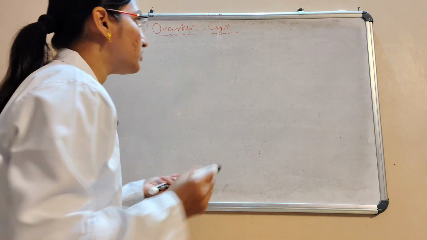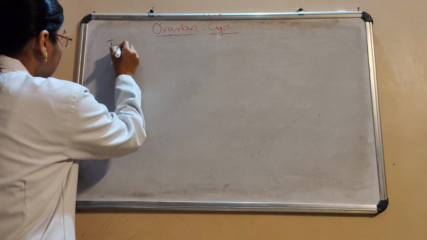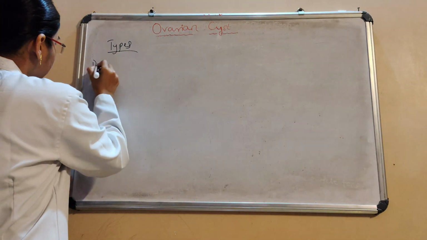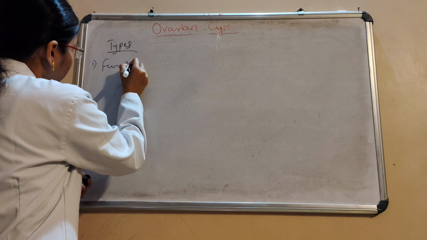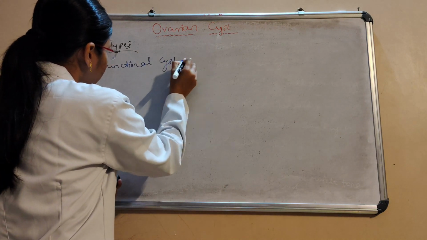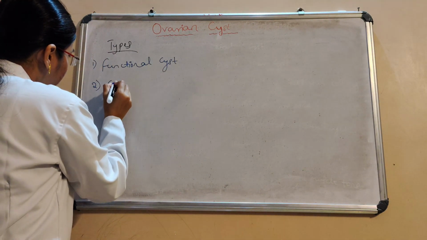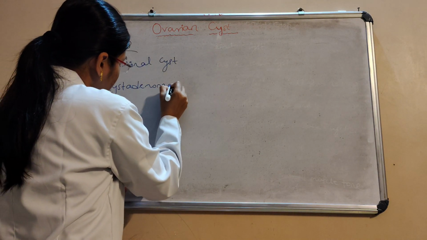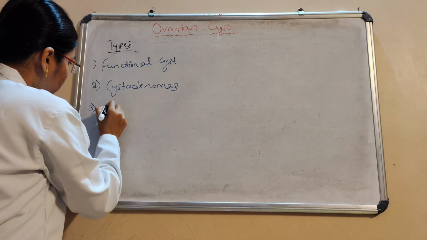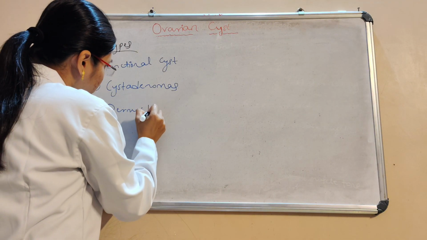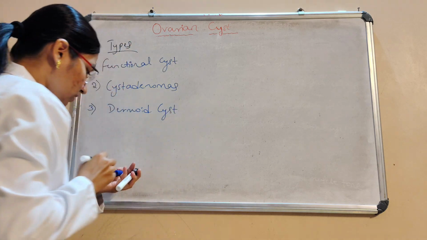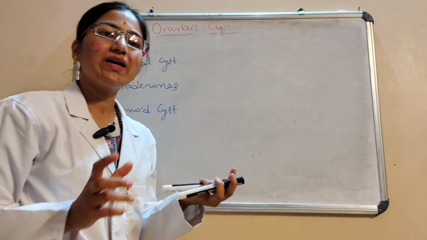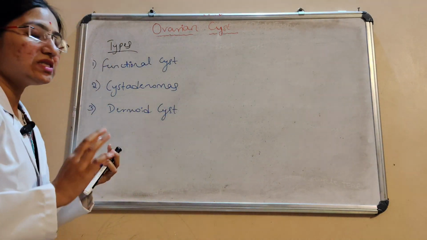Next we'll see the types of ovarian cyst. Here we can see 3 types. First one is a functional cyst, and then cyst adenomas, and then third one is a dermoid cyst. We'll see what is functional cyst. Here we can see the sac or pocket-like presentation on the surface of the ovary.